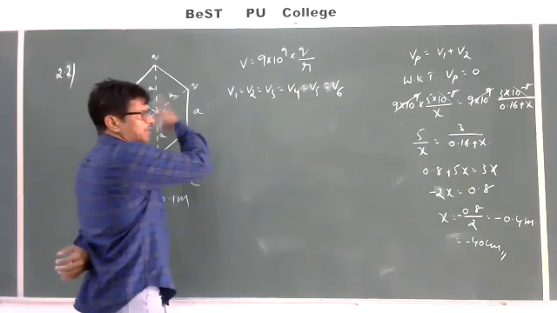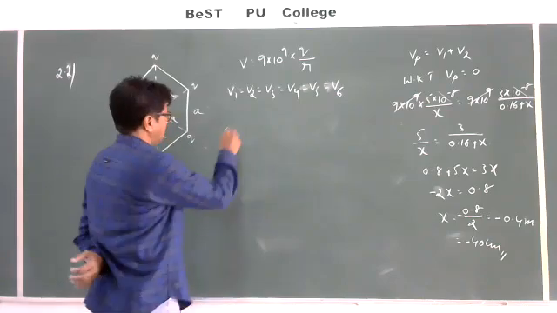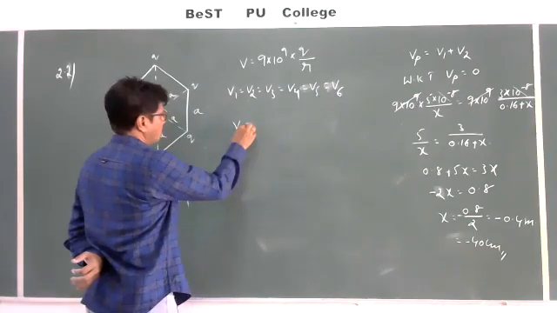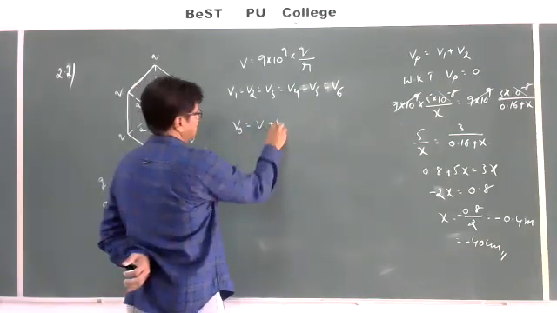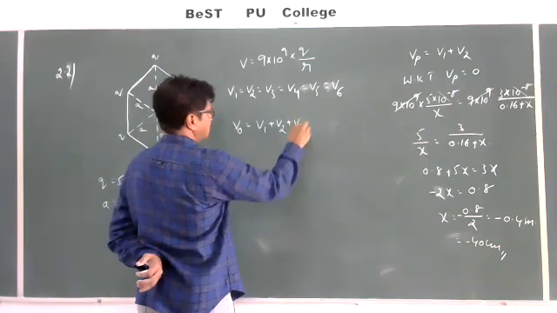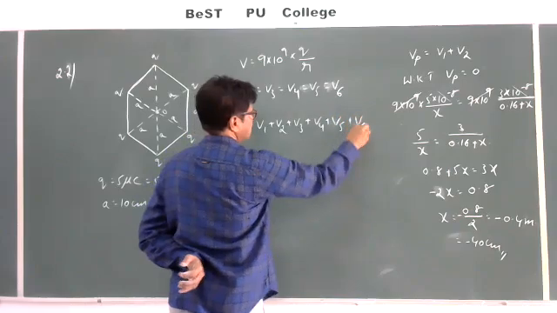Then because potential is a scalar quantity, we can add them to get the total potential at O is equal to V1 plus V2 plus V3 plus V4 plus V5 plus V6.